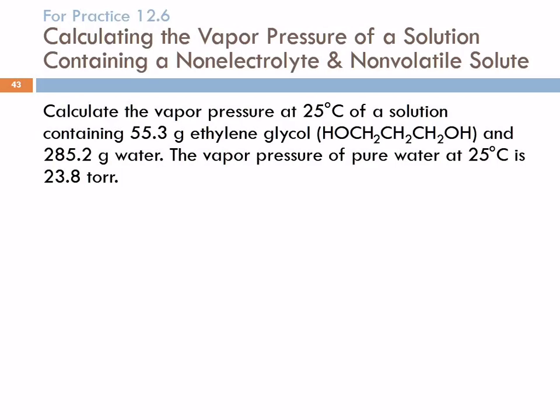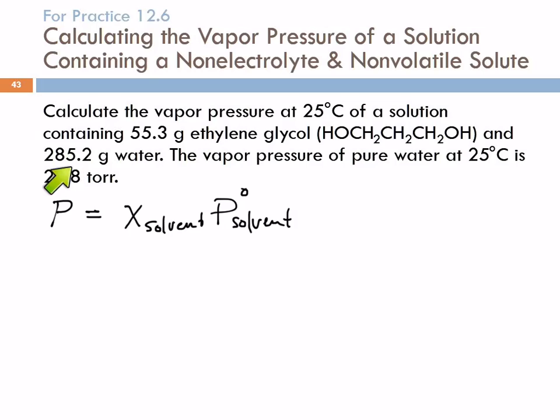So if we want to know what the vapor pressure of the solution is, we need to use Raoult's law. So the vapor pressure is going to equal the mole fraction of the solvent times the vapor pressure of the pure solvent. So we need to know the mole fraction and the vapor pressure of pure water.